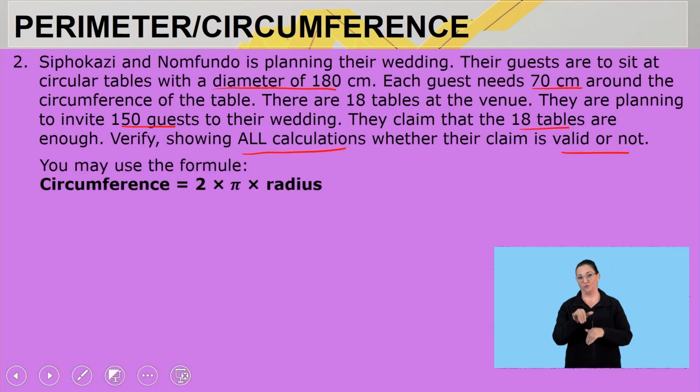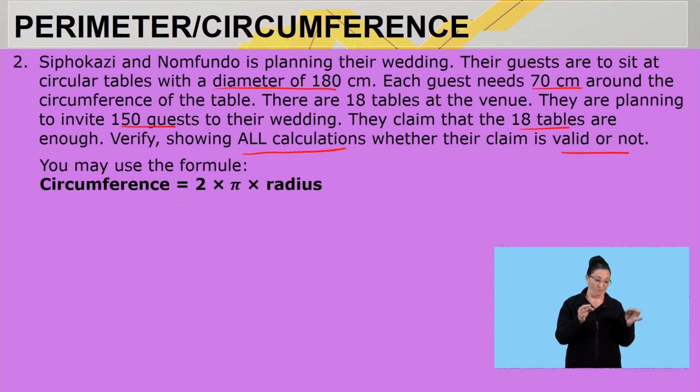Okay, so that's quite a mouthful, but let's break it up. Here we are indicating that we can use the formula circumference equals 2 times pi times radius. Like building a puzzle, we need to find the correct pieces and put them in the correct place. So step 1, there's my formula. Second step is I'm going to substitute into the formula.